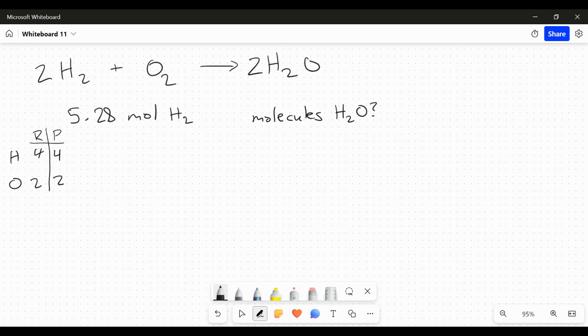Okay? So we're going to start this out the same way we've been doing the other ones. I'm going to write out what I was given: 5.28 moles of H2. Now I want to figure out molecules of H2O, but I can't directly convert to it because moles of H2 is not the right substance.